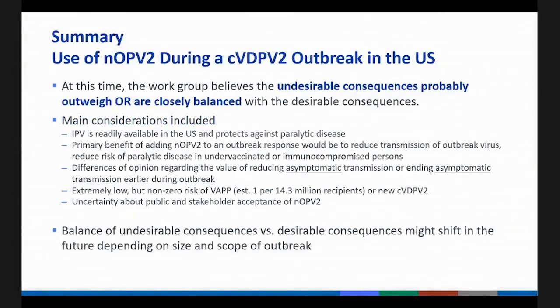The work group did acknowledge, however, that the balance of undesirable consequences compared to desirable consequences might shift in the future depending on size and scope of the outbreak. And as modeling showed, the calculus might be different for a type 1 outbreak, where more paralytic cases would be expected and public perception of risk might be higher.